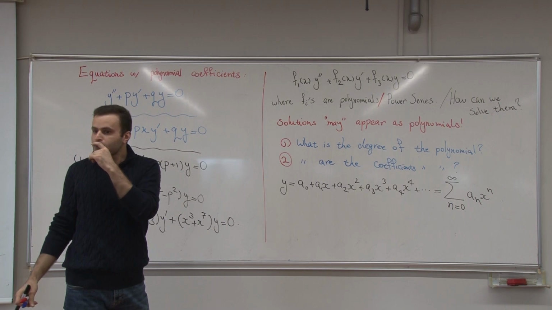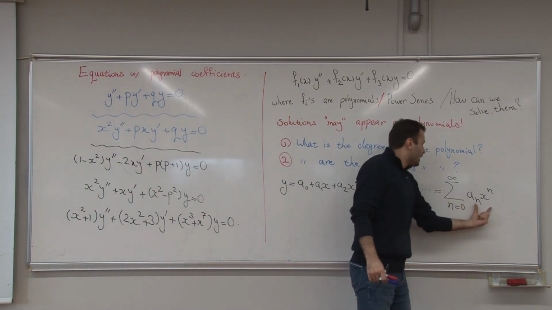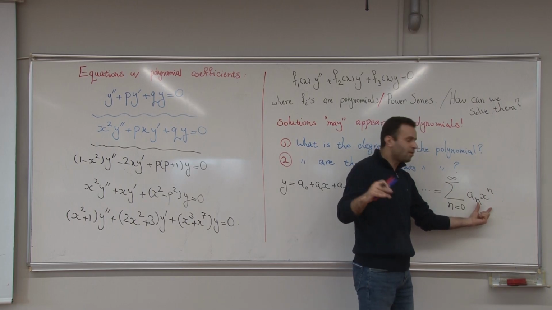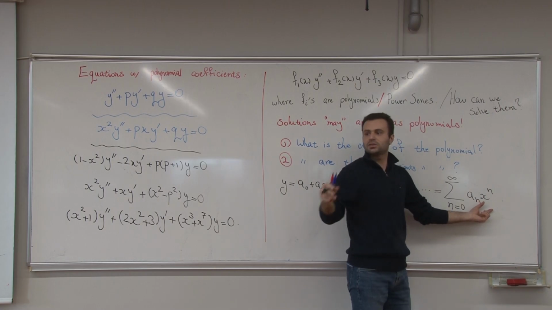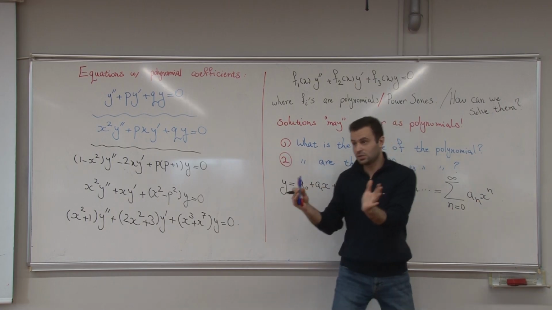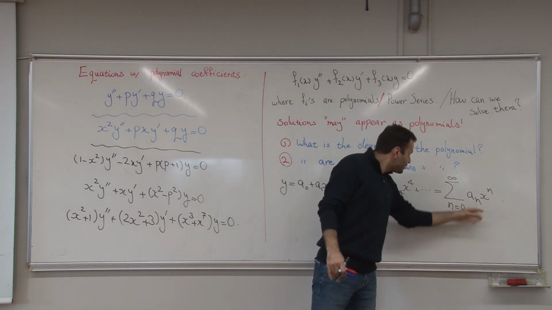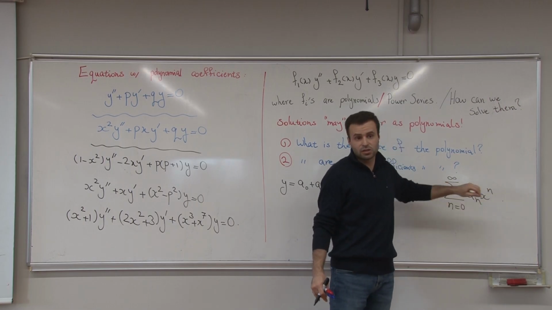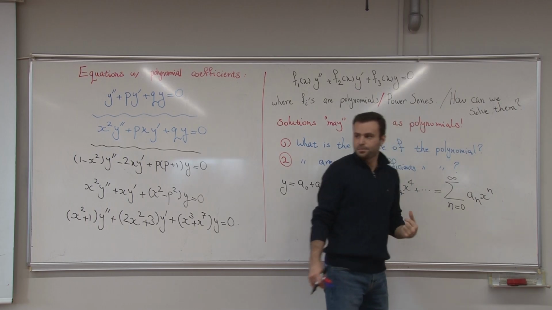Or for instance, is this a0 a separate function, a1x a separate function, a2x², a3x³? These functions, when we are adding them together and developing this series, and if we take this itself as a function, what kind of convergence do we have here?